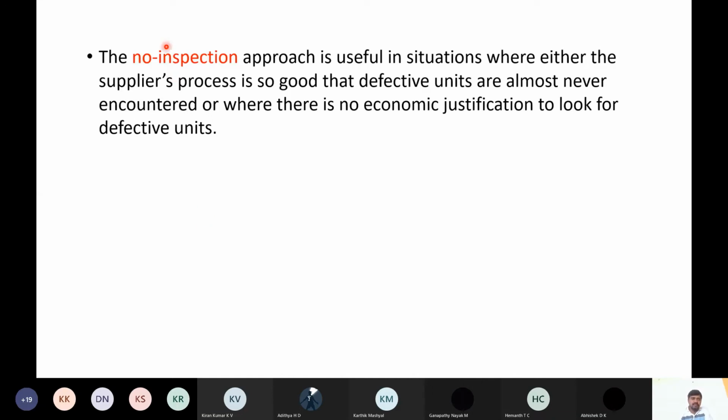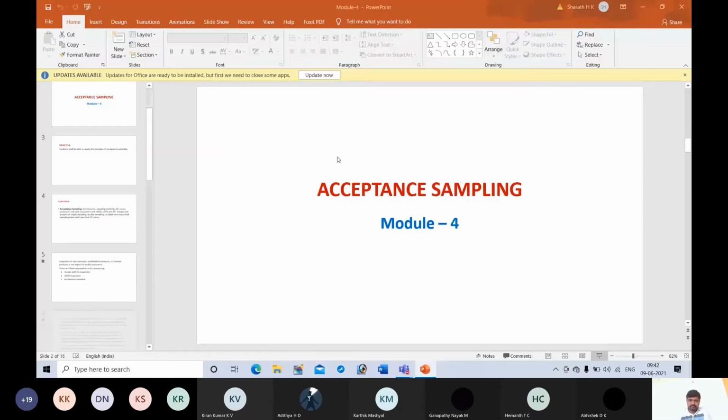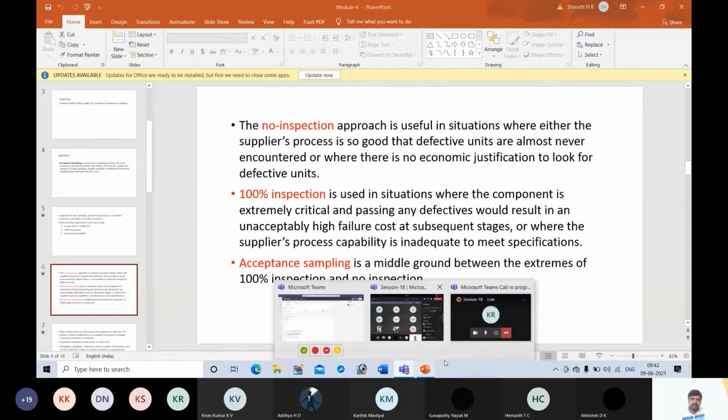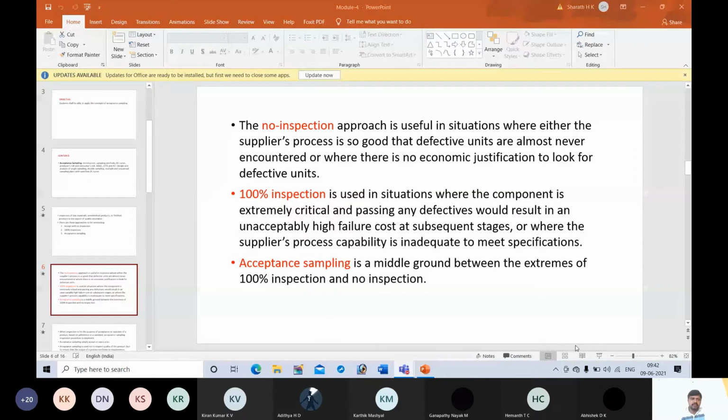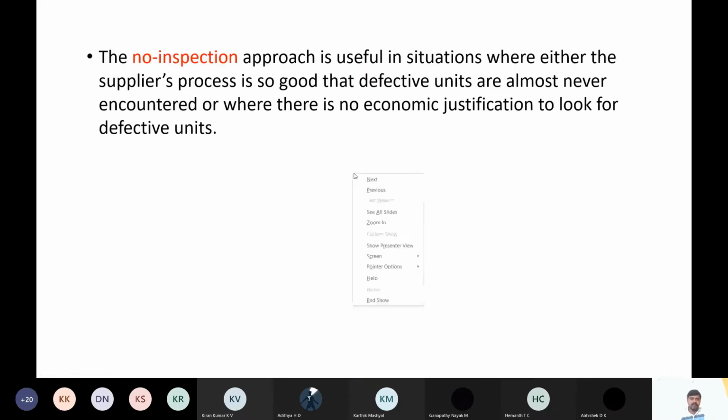Again, the no inspection approach is useful in situations where either the supplier's process is so good that defective units are almost never encountered, or where there is no economic justification to look for defective units.